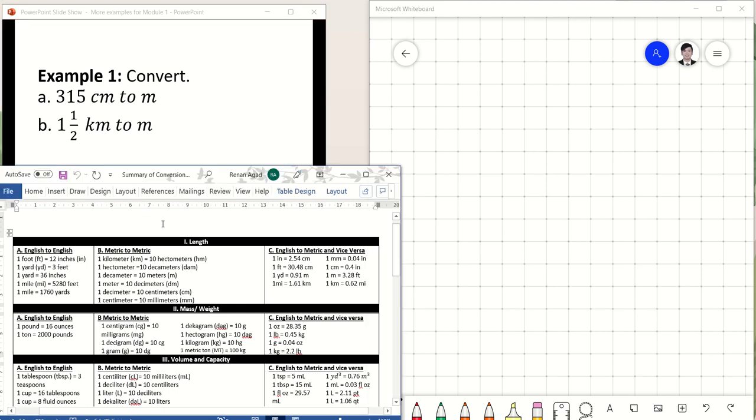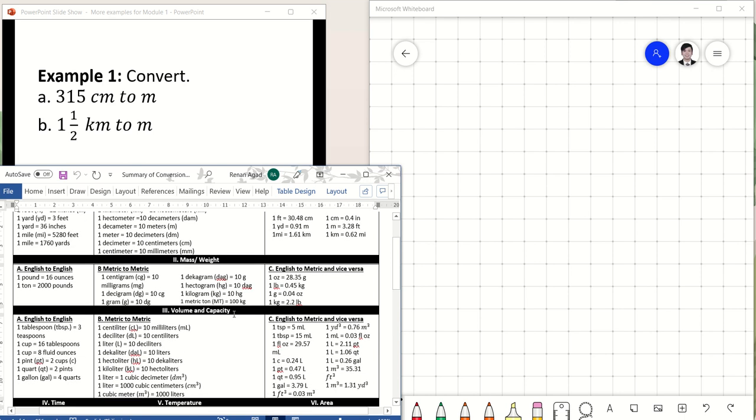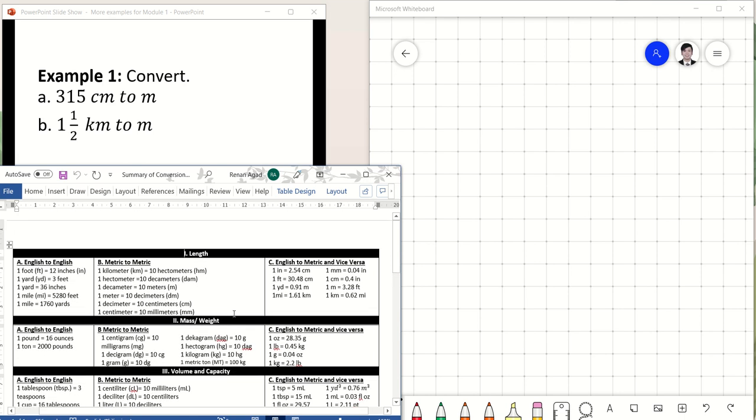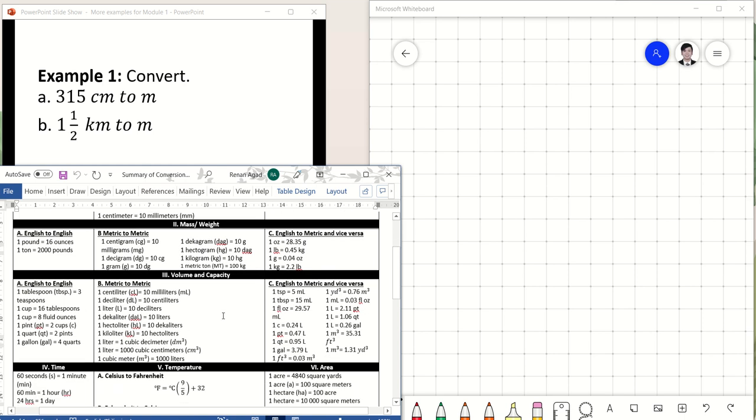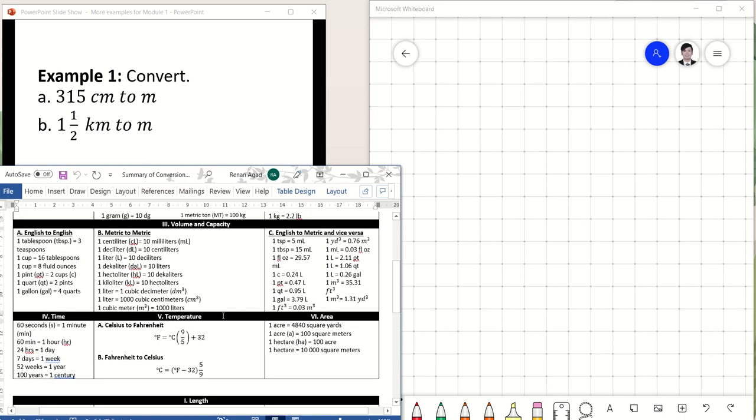So of course in the exam, you're allowed to look at the summary of conversion factors. All you need to do is to first identify what quantity you are dealing with, whether it's length, mass, volume, area, temperature, or time.